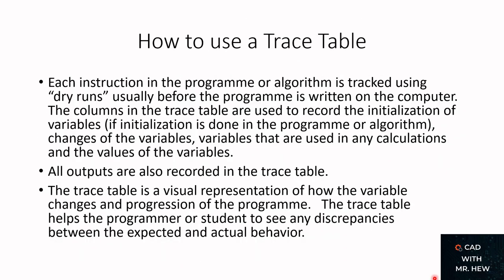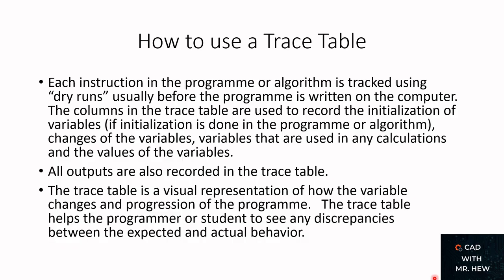Let us look at how to use a trace table. Each instruction in the program or algorithm is tracked using dry runs, usually before the program is written on the computer. The columns in the trace table are used to record the initialization of variables if initialization was done in the program or algorithm, changes of the variables, the variables that were used in any calculations, and the changes of the variables.